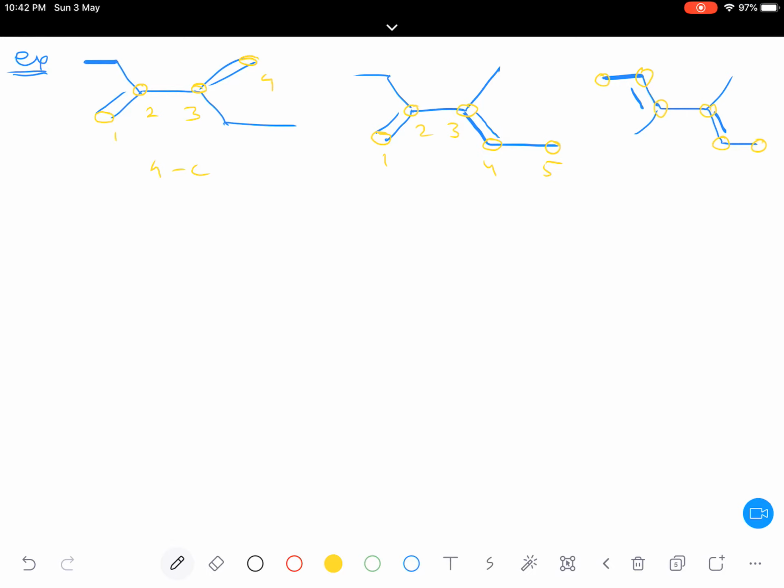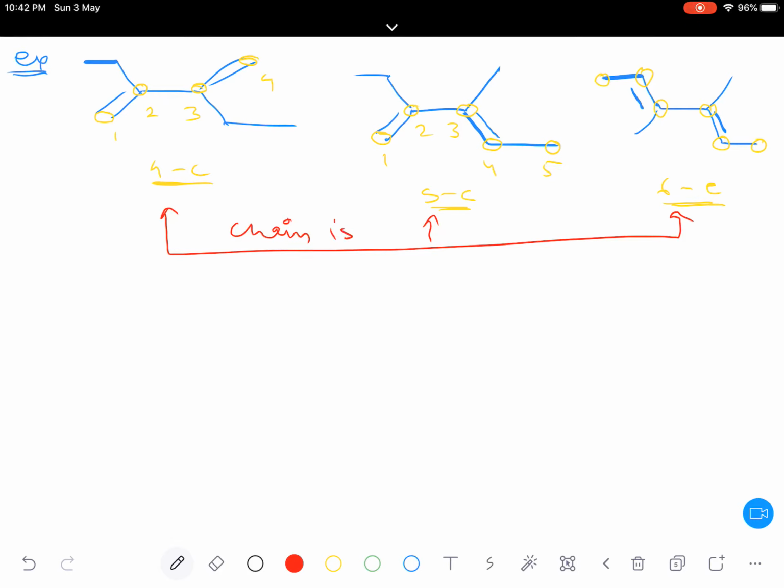Here there was a 4 carbon parent chain, here a 5 carbon parent chain, here a 6 carbon parent chain. So I can call these three chain isomers to each other. Is that clear? I don't think there will be any doubt. Let's take one more example.